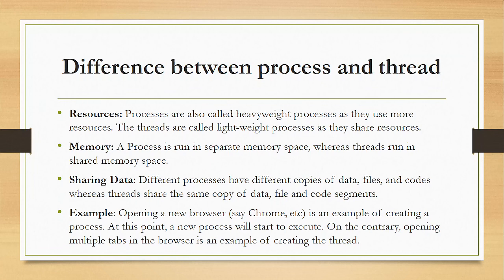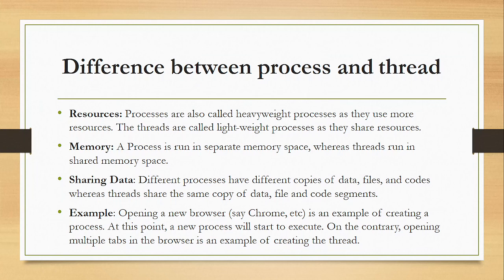The other resource is the memory. For example, a process is run in a separate memory space, but threads can always share. So something to note here is that processes really don't share resources amongst themselves, but they ensure that the available threads share those particular resources.